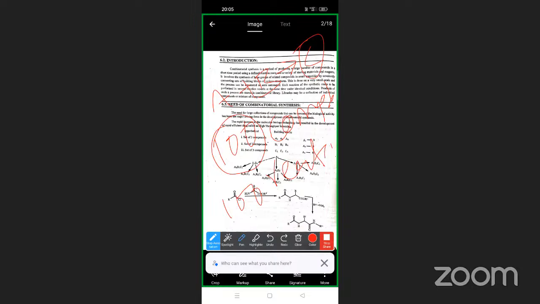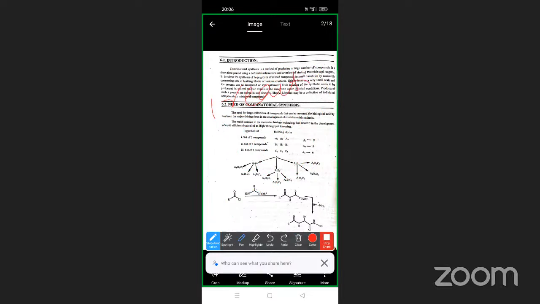But if you follow this combinatorial synthesis, right, instead of keeping 100 reactions, you will keep one reaction and you will get the 100 compounds, from one reaction here.